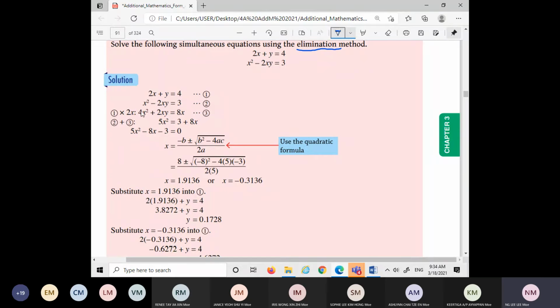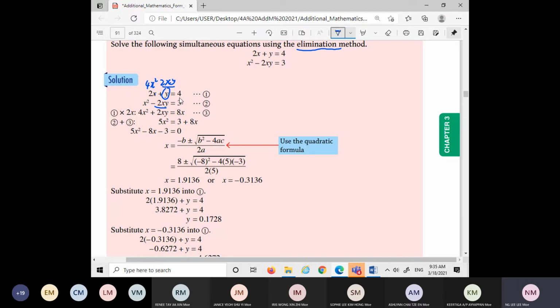You have to know the purpose, only then will you know what to do. When you multiply the first equation by 2x, this term becomes 2xy, so it will eliminate with this. Then this one multiplied by 2x gives 4x squared, and combined with the x squared, you will see you have eliminated y already. y disappears. This is your purpose.